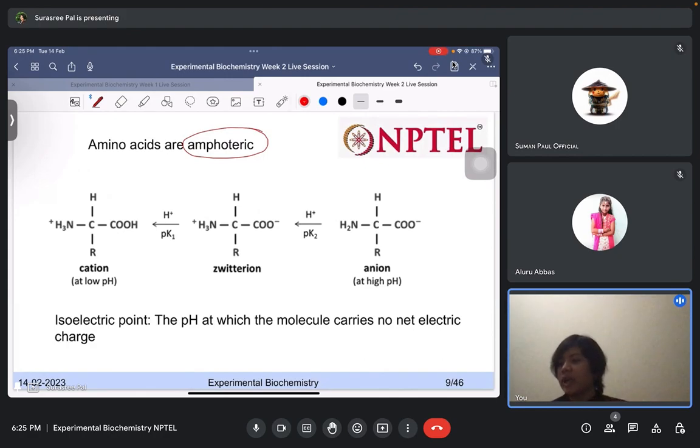So if we look at this central structure here, you can see that this is a general structure of an amino acid, right?